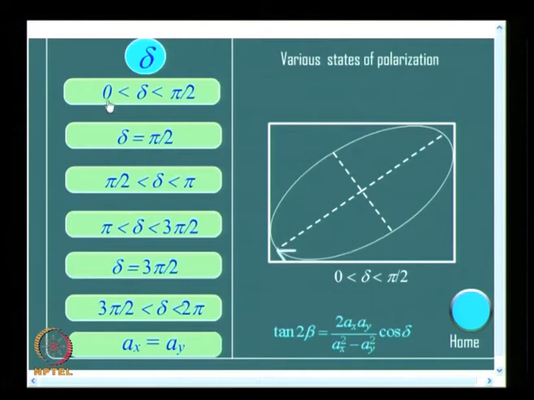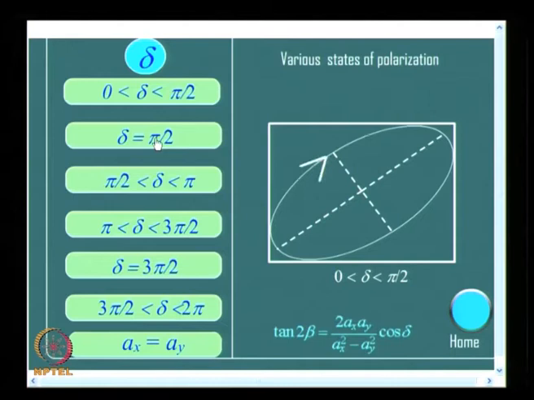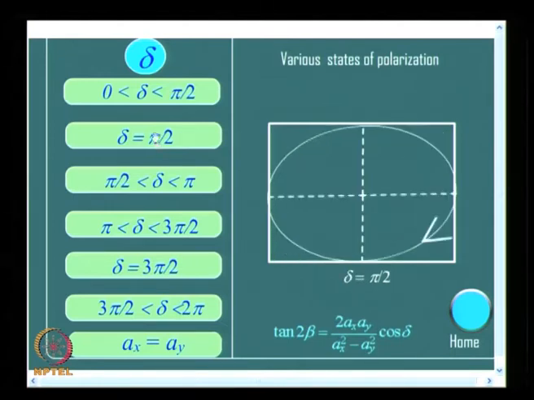So if delta is between 0 and pi by 2, the resulting trace of the light would be an ellipse oriented with this orientation, and it will have handedness indicated in this fashion. And suppose I go to delta equal to pi by 2, which we have already looked at, we will see pictorially. When delta equals pi by 2, the major and minor axes of the ellipse coincide with the reference directions x and y.